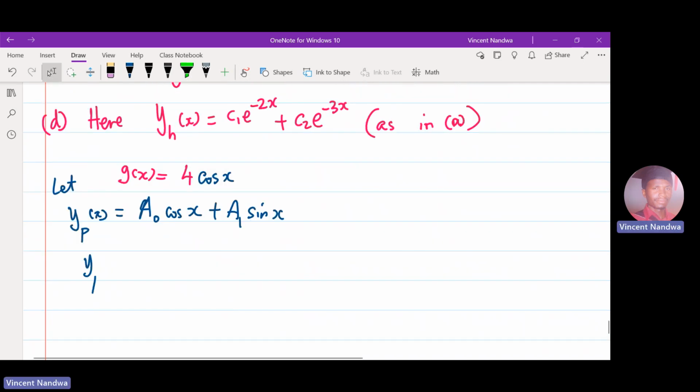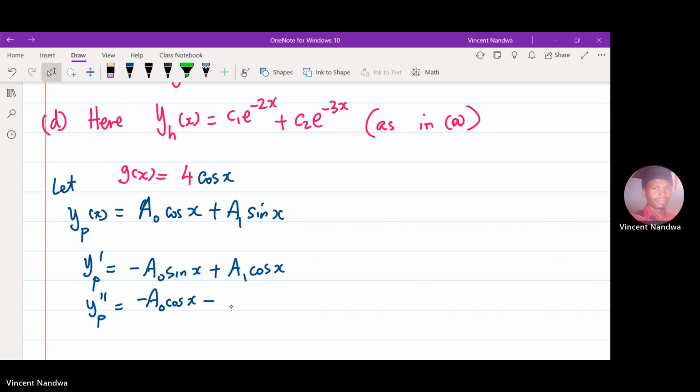So YP prime has sine x plus a product. And then when you get the second derivative, again a product.